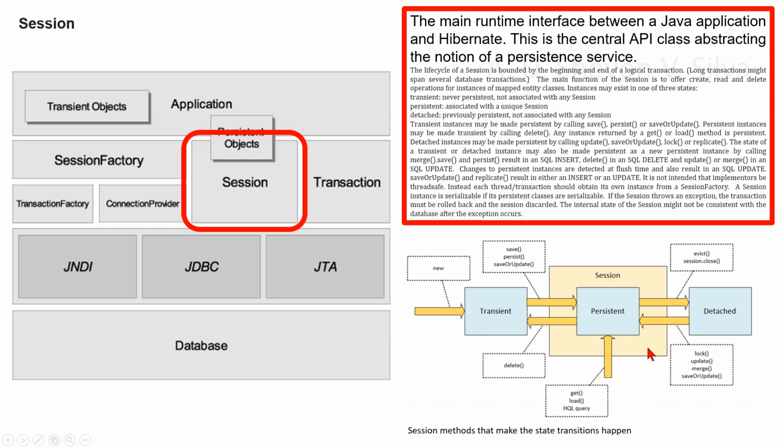Persistent. This instance is associated with a unique session object. Upon flushing the session to the database, this entity is guaranteed to have a corresponding consistent record in the database. Detached.